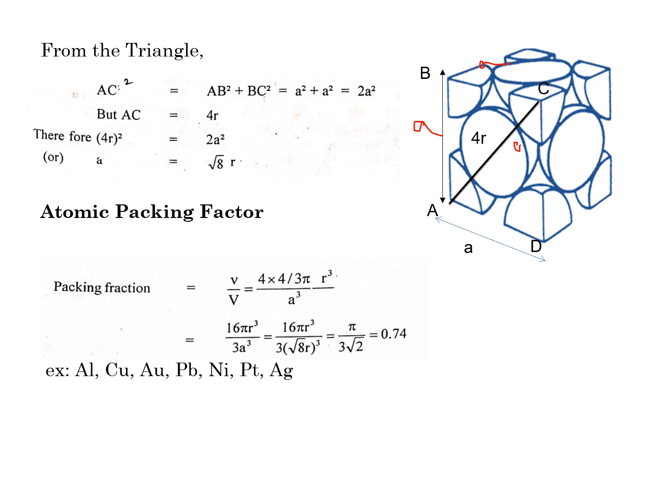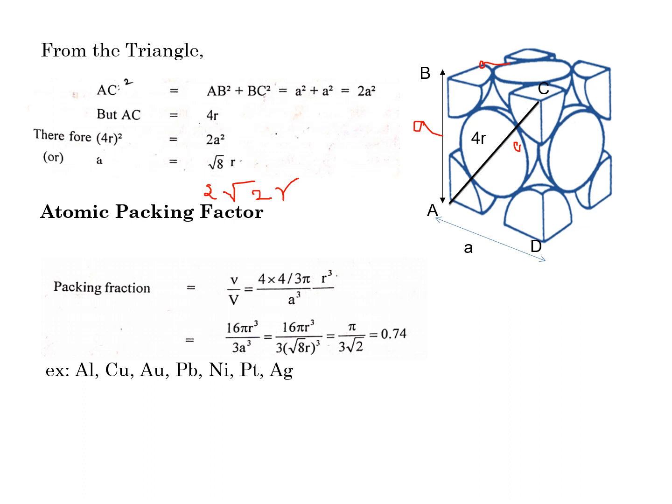Therefore, 4R squared is equal to 2a squared, a is equal to root 8 R, otherwise 2 into root 2 R.